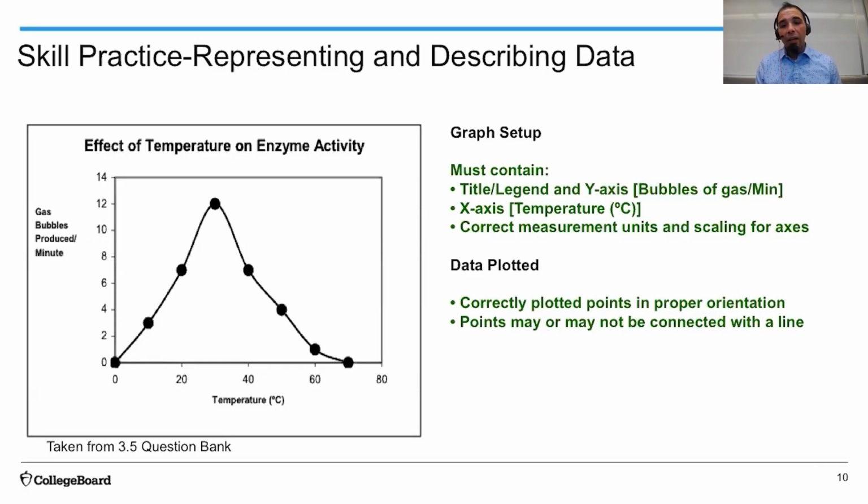The data plotted: correctly plotted points in proper orientation. Points may or may not be connected with a line. Again, there are multiple ways this graph can be represented, but it has to have those basic must-contains. So again, pause the video, look at your graph, compare it to this graph, see what you did, maybe what you missed. This is a good time for discussion.